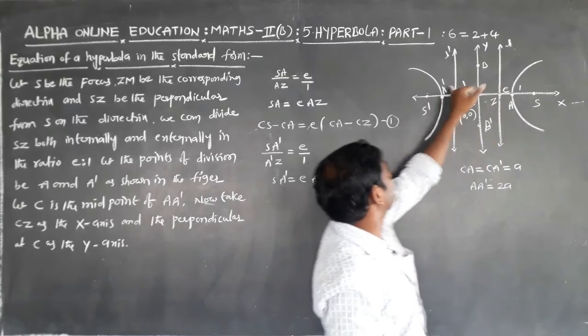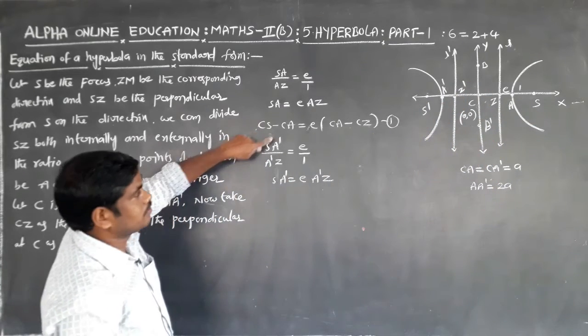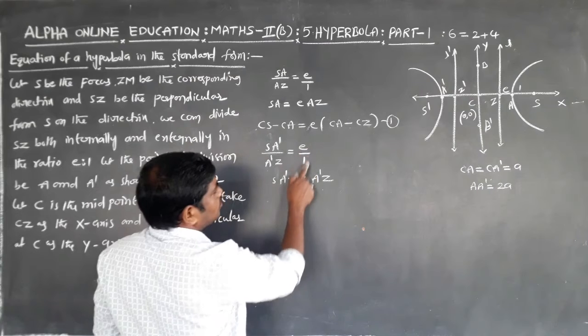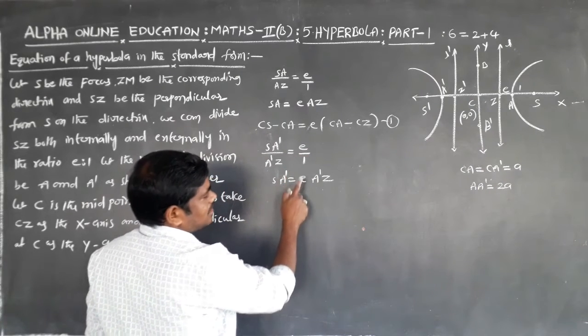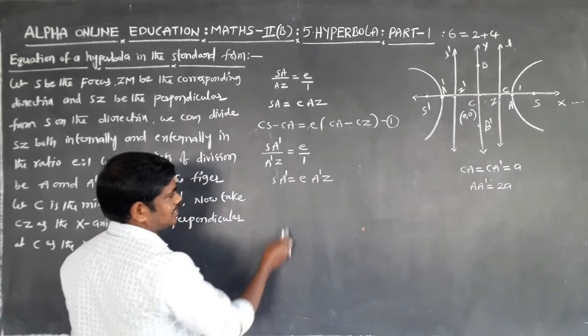So SA dash by A dash Z equal to e by 1. SA dash equal to e into A dash Z.